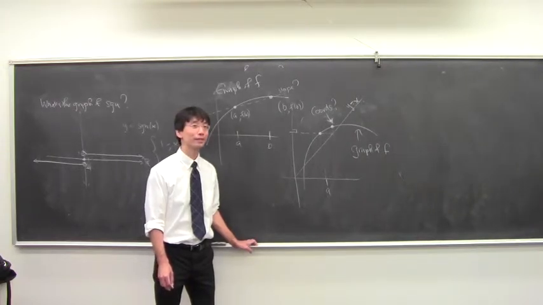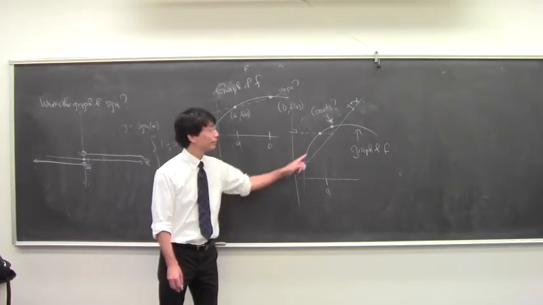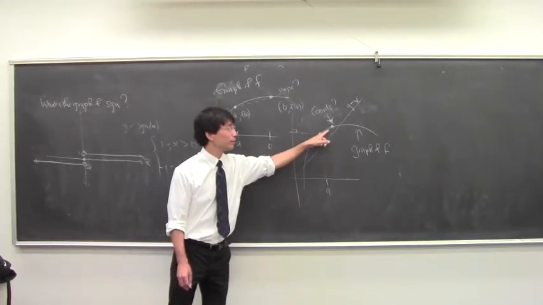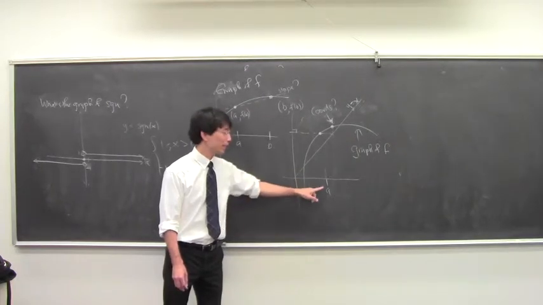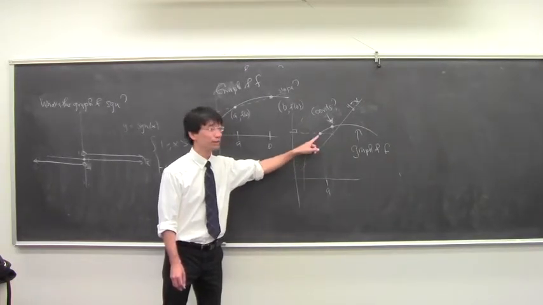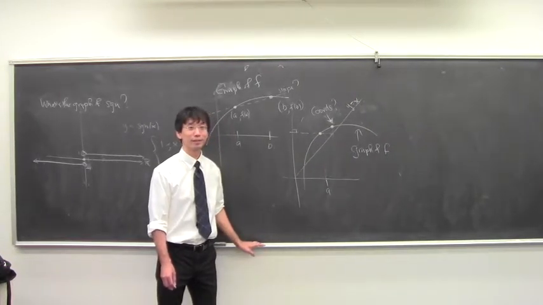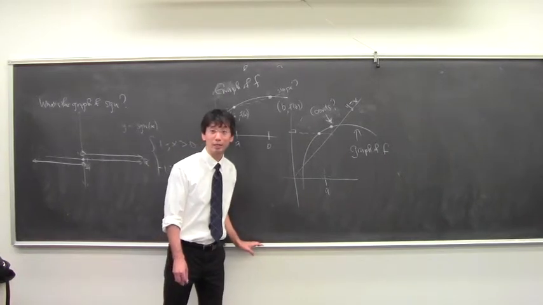Isaac? A after B. So, which point are you talking about? This one? This one? This is A. You want the second point. Okay, now I see. Anybody have an answer?